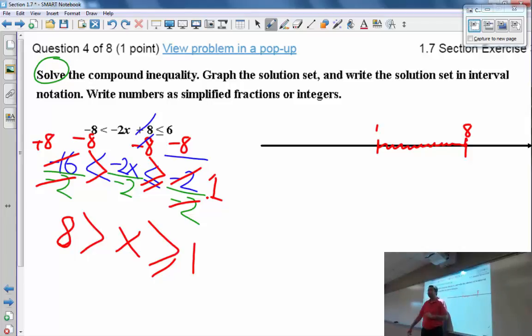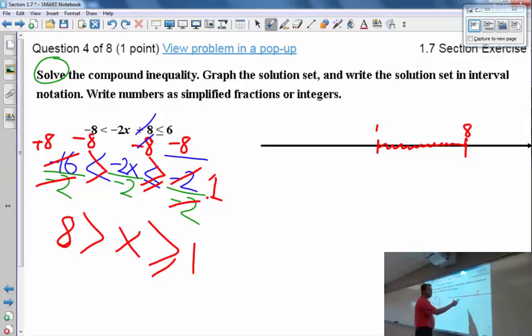It doesn't go indefinitely. It starts and ends. It starts at the small number, ends on the big number. This is a no-brainer again. See which one is small, which one is big. 1 is small, 8 is big. Mark them, color in between, that's it. Got it? Small, big, mark, color in between. Over.